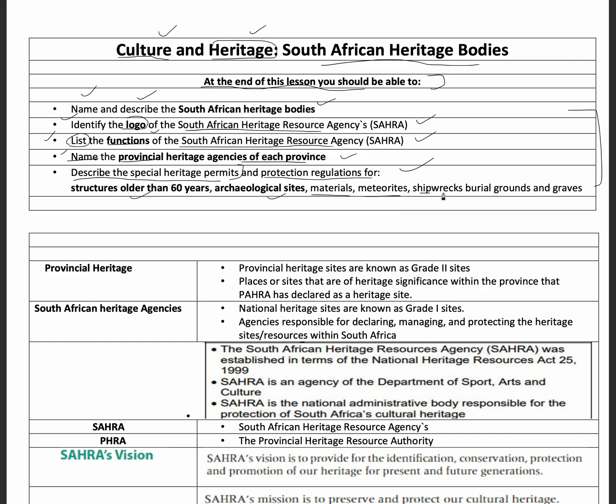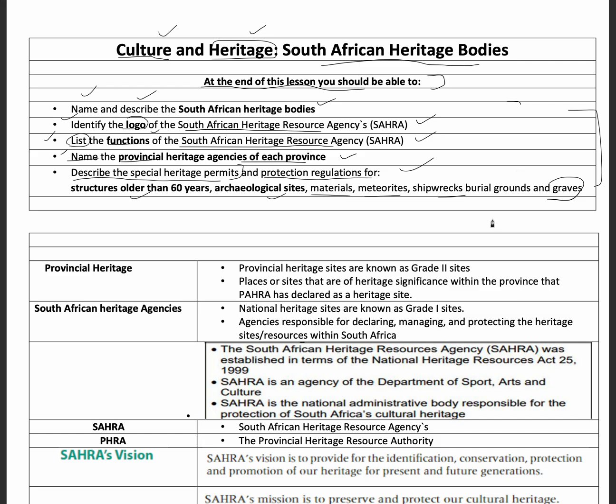What is a shipwreck, burial grounds, graves? You need to know what these protected areas are and why they are protected. So these are the top things you need to understand in this topic. After it ends, you need to understand all of this.